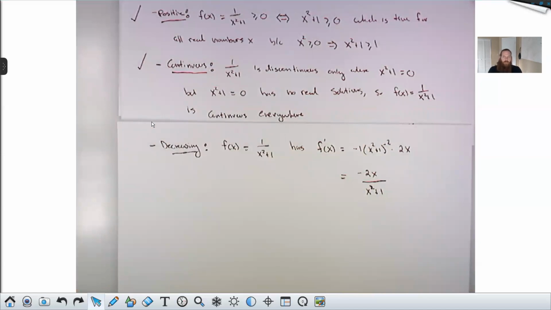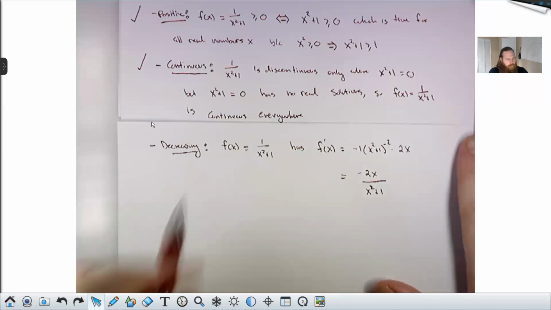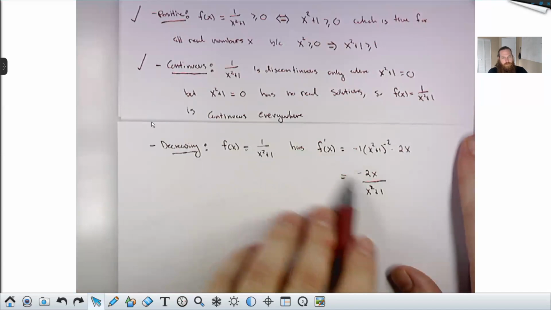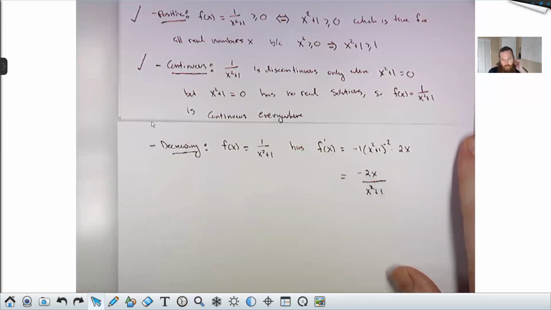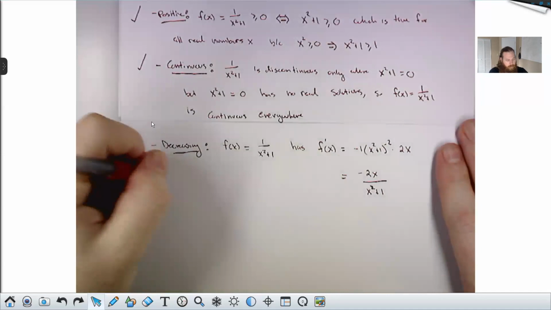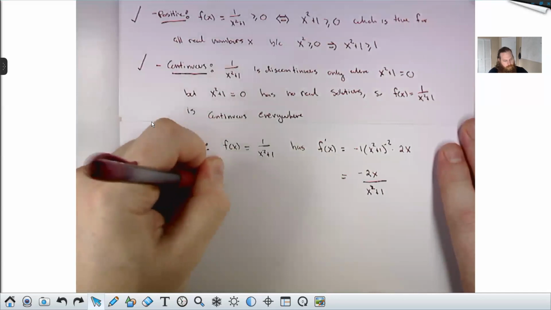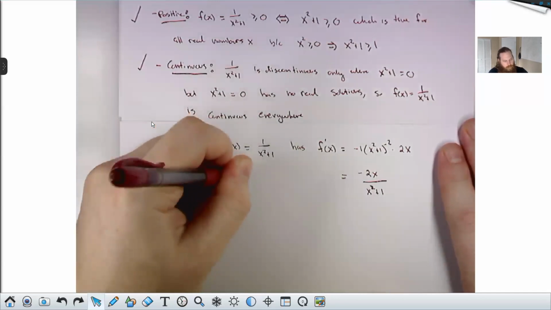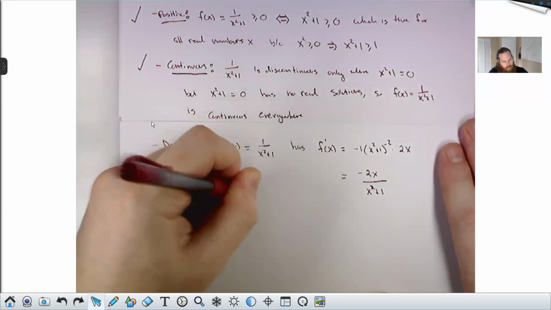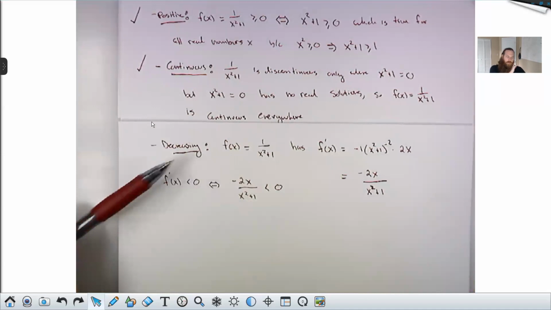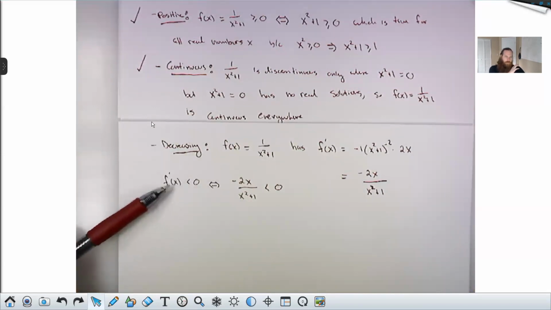So I want to know, is it decreasing on the interval 0 to infinity? F of x would be decreasing if and only if f prime is negative. So is this thing negative on the interval 0 to infinity? f prime of x is less than 0 if and only if negative 2x over x squared plus 1 is less than 0. Remember, you're decreasing if and only if the derivative is negative.